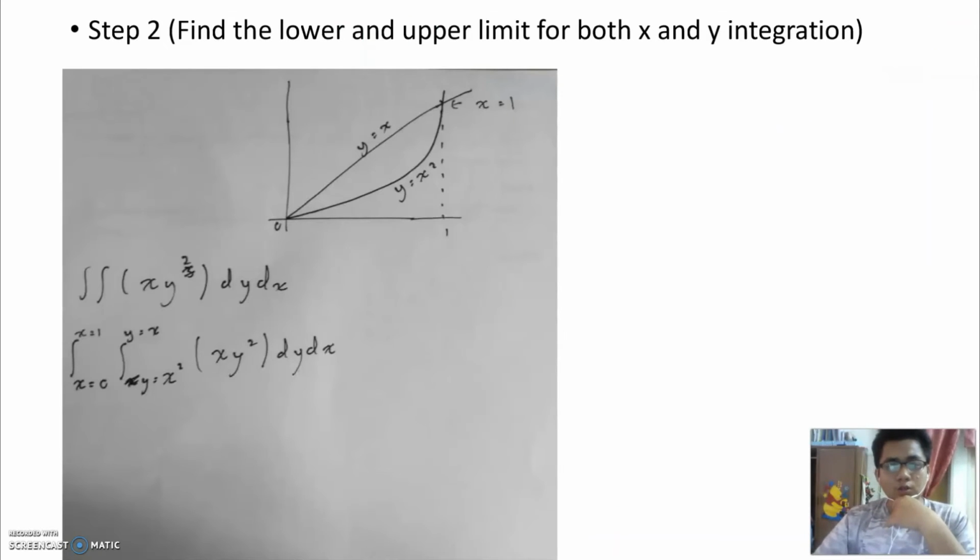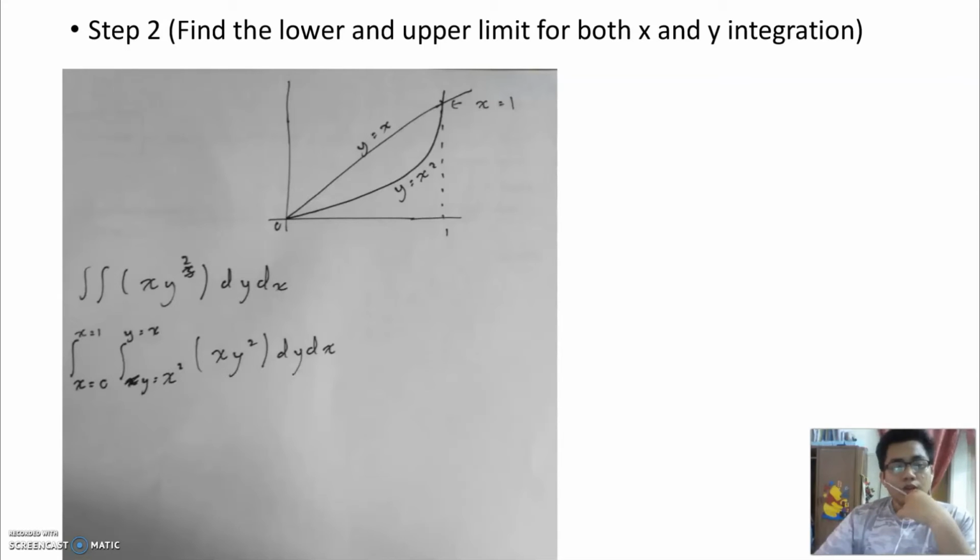For the next step, we have to find the lower and upper limits for both x and y integration. To find the x limits, we draw a horizontal line cutting through this region, and we get the upper limit of x is 1 and the lower limit of x is 0.